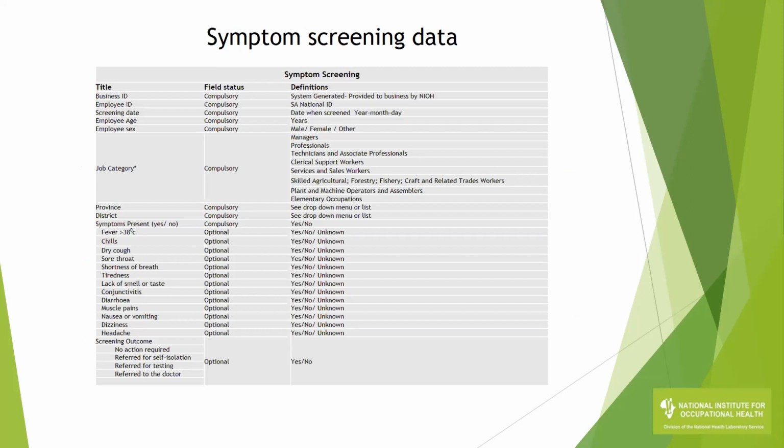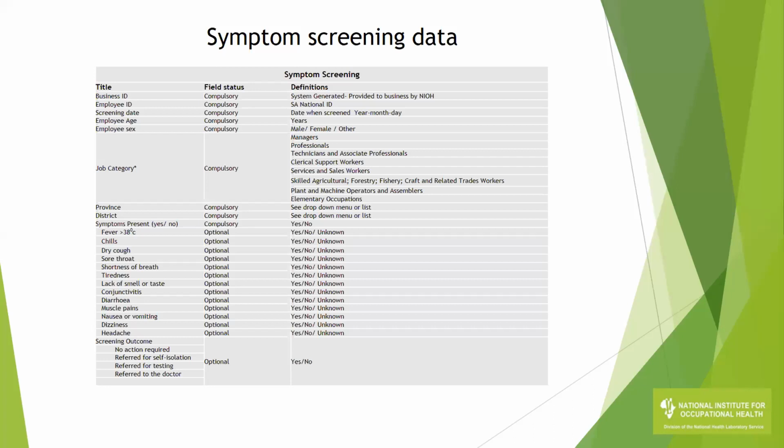So this is an outline of the symptom screening data that we are collecting, or that is being submitted by you guys. On our templates, which I will also share in my presentation, the symptom screening template on both our platforms, the CIMO platform and the CSV platform, as well as the API, is the same across all three different platforms that you get to choose to submit your data through.